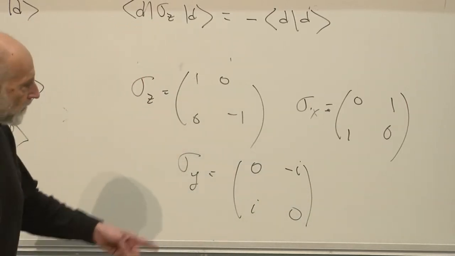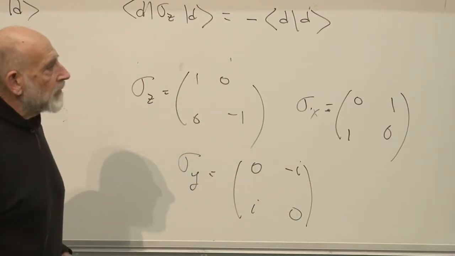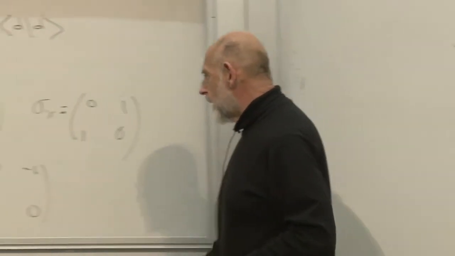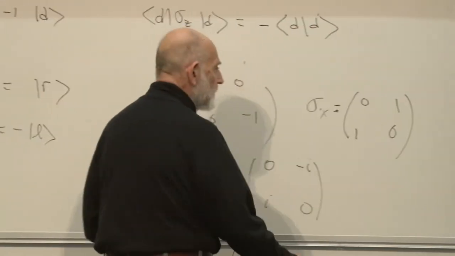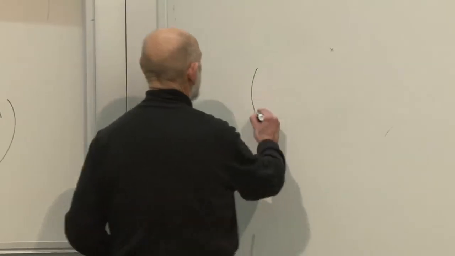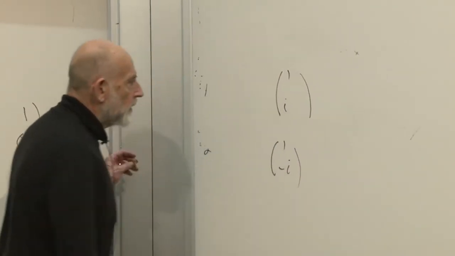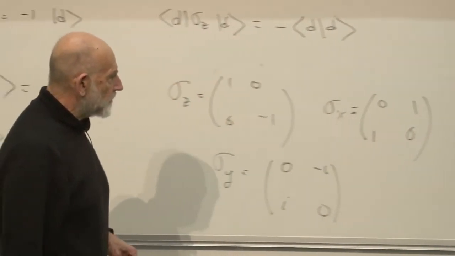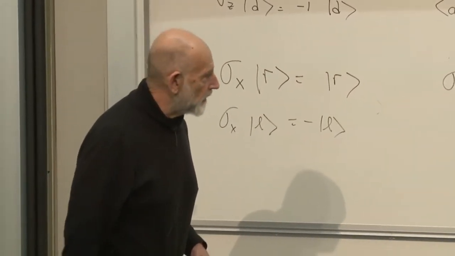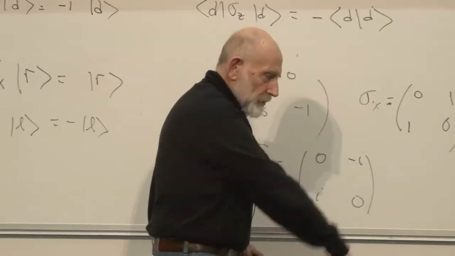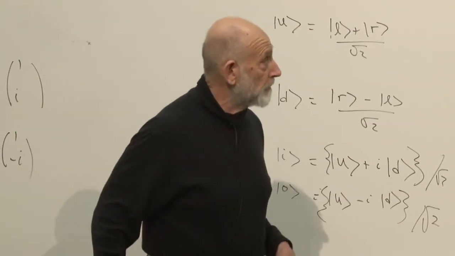You can do a different thing: take this matrix and show that these are its eigenvectors. That means its eigenvectors are (1, i) and (1, minus i). The square root of 2 doesn't matter. Eigenvectors are eigenvectors. They don't care about the square root of 2. Okay. These are the three Pauli matrices that represent the components of the spin in different directions.